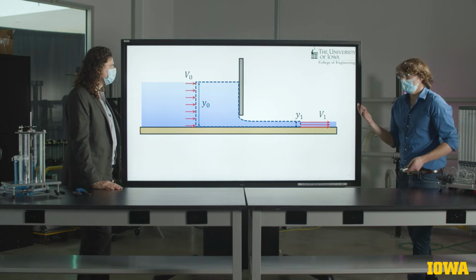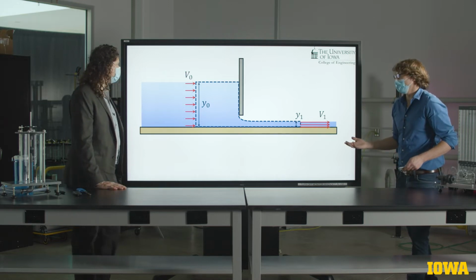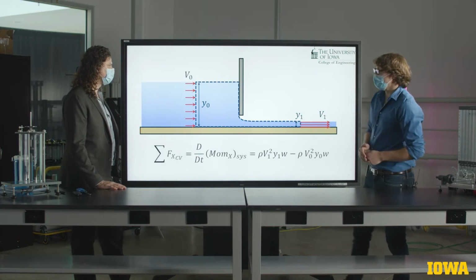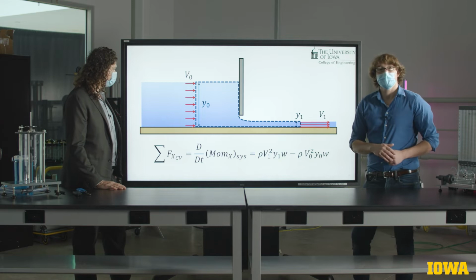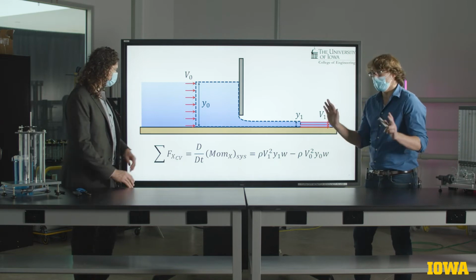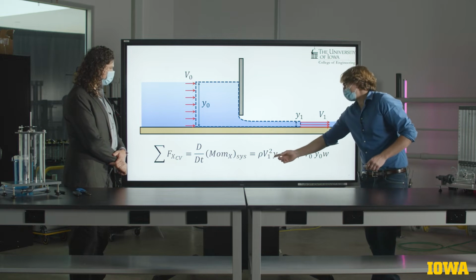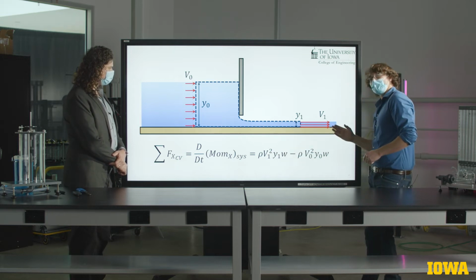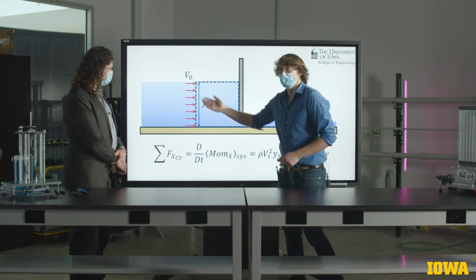So we can then apply the conservation of linear momentum to the control volume to say, once we know the sum of the forces on the control volume, we can write it as the rate of change of the momentum of the system, or a little bit more simply, the difference between the momentum flux leaving our control volume and that entering the control volume from the downstream end.